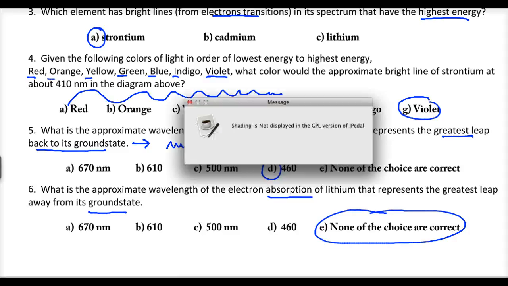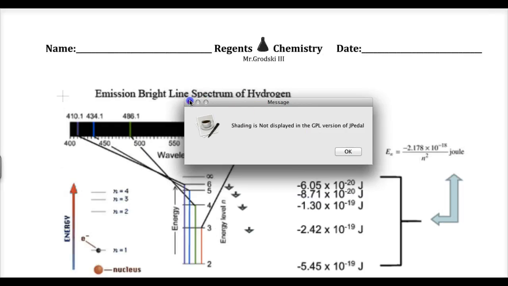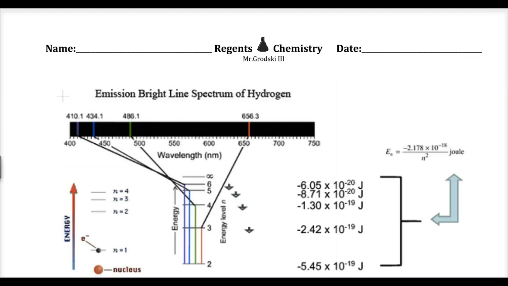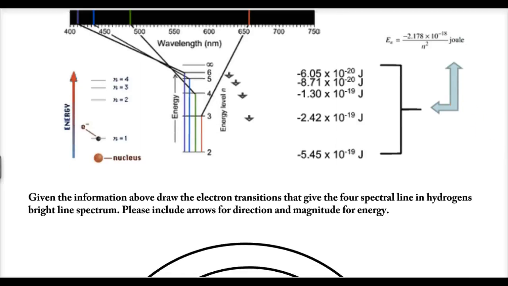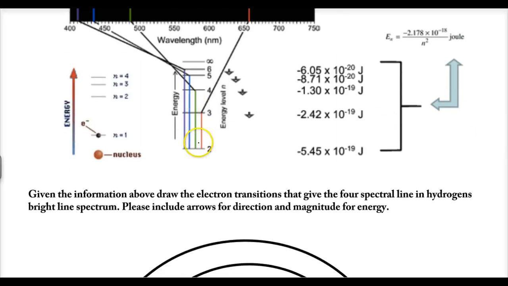Going on to the back page. Given this information, which is the red line jumping back, please draw the 4 energy transitions. Well, 3 going back to 2 gives off the red line.